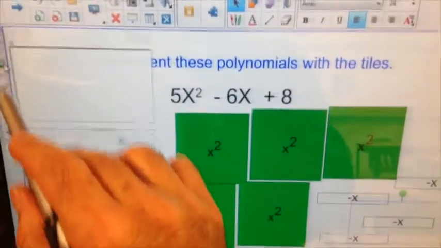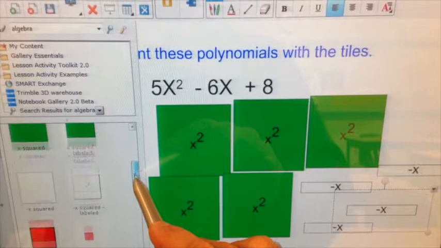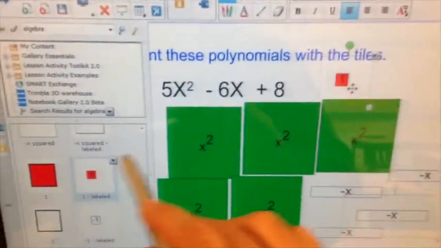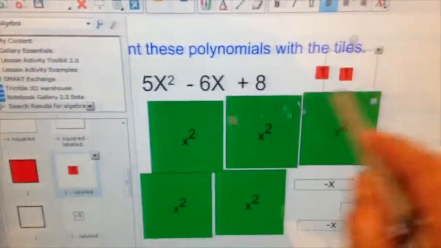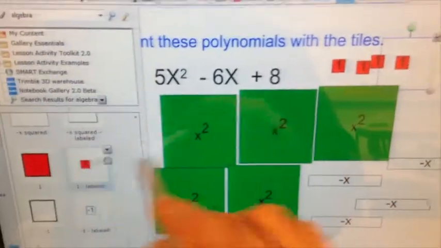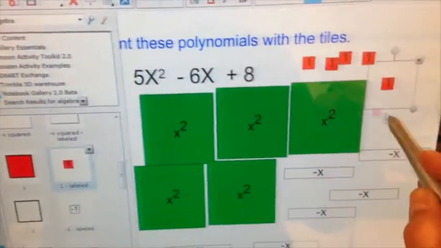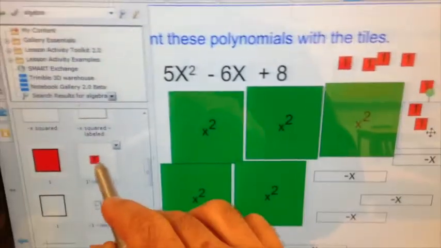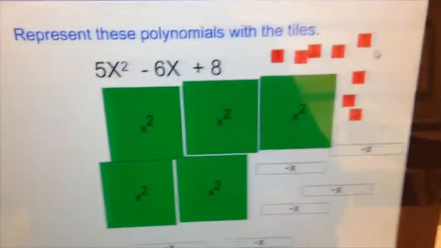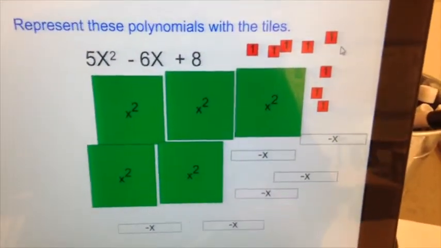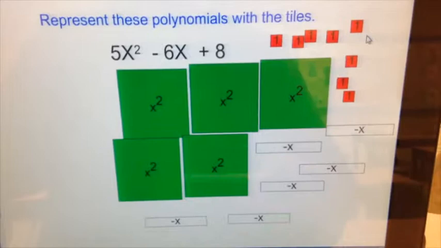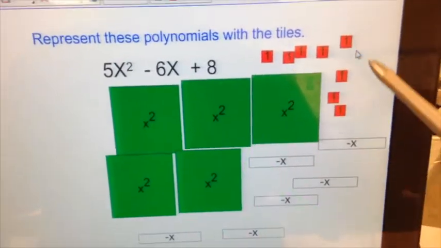And then I need positive 8. So 1, 2, 3, 4, 5, 6, 7, and 8. A little bit messy, but as you can see, we have 5x squared, negative 6x, positive 8.